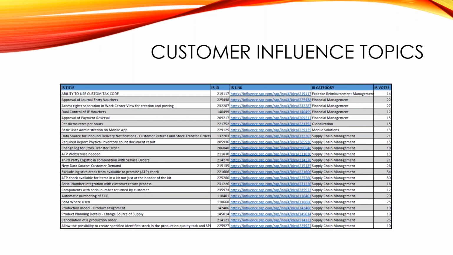I can't stress enough to continuously go out to that influence area, look at the new things, get on the feed so you can review them on a weekly basis and see what's out there, go out and vote. We need 20 votes to get anything considered for the roadmap now. So they actually do a lot of stuff. You'll see some things in here that aren't 20.